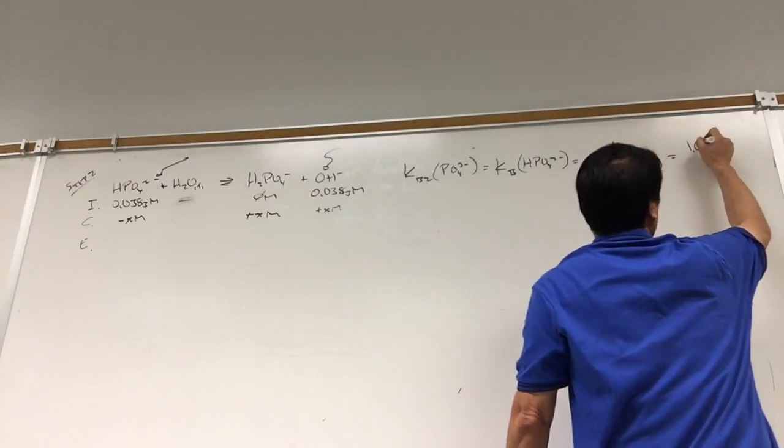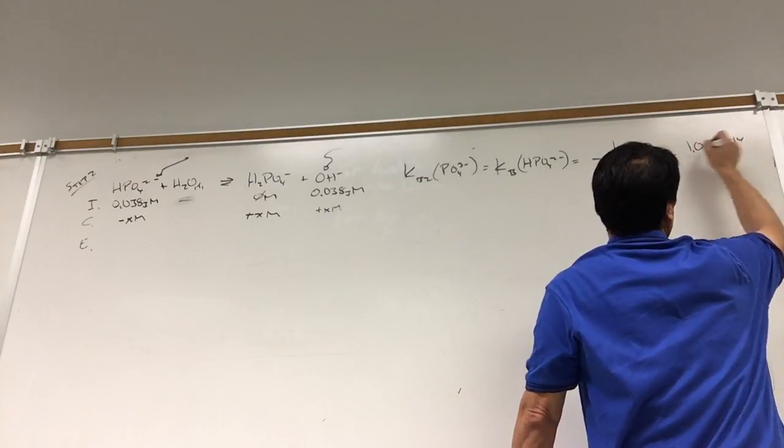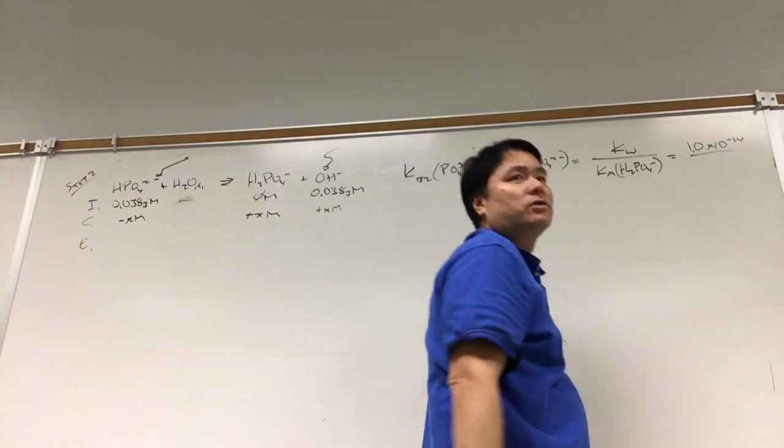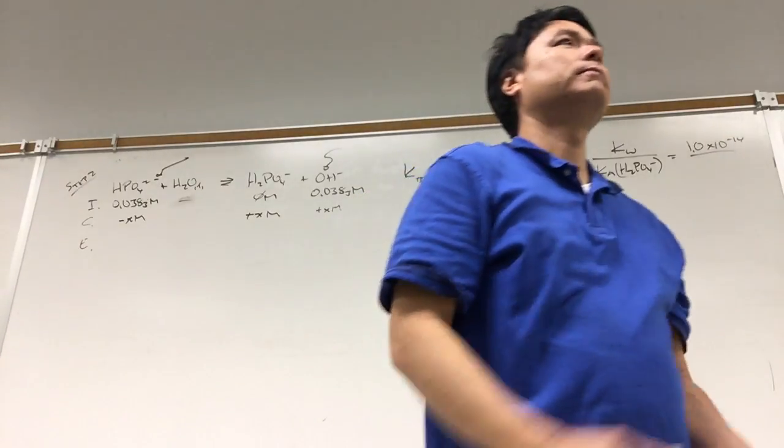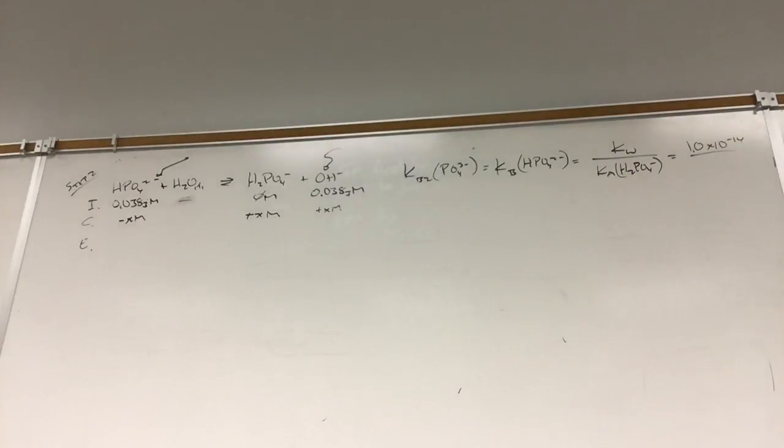And so Kw is 1.0 times 10 to the minus 14. What is the Ka of dihydrogen phosphate? Well, on this chart here, it shows the value of 6.23 times 10 to the minus 8. Sorry, let me see your chart again.